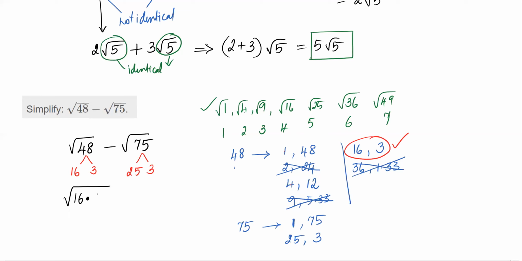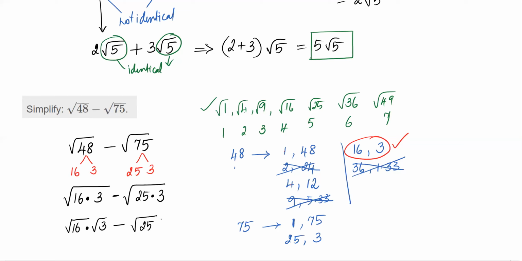So that's 16 times 3 minus 25 times 3. But 16 and 25 are perfect roots. Because of the multiplication, you can split. You cannot split if it had an addition or subtraction.